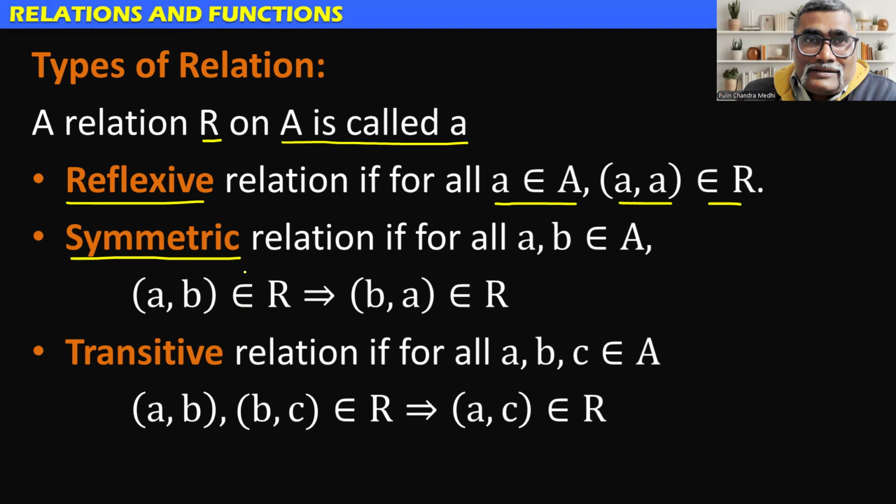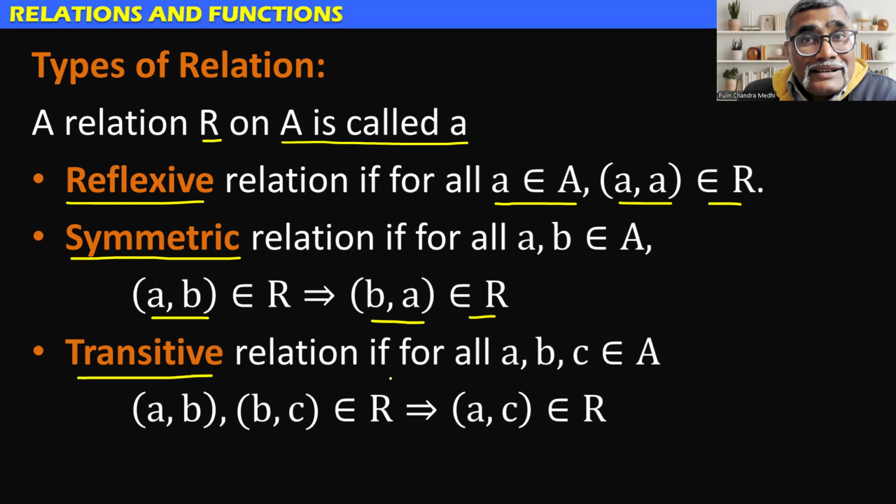Symmetric relation. What is a symmetric relation? It is said to be a symmetric relation if a is related to b under the relation R, and then it implies that b is also related to a. That means it is related in the reverse order. Then we say that it is a symmetric relation. And last, the transitive.